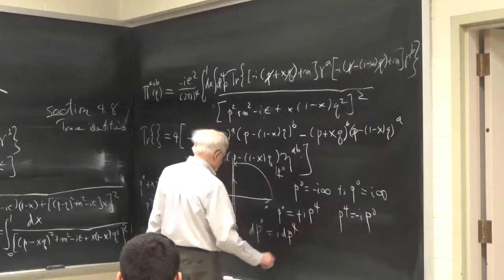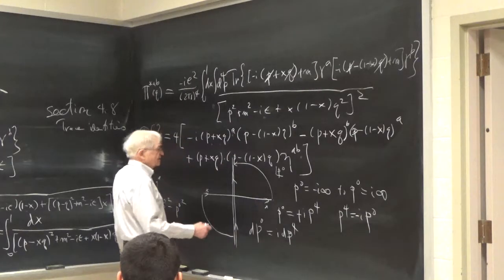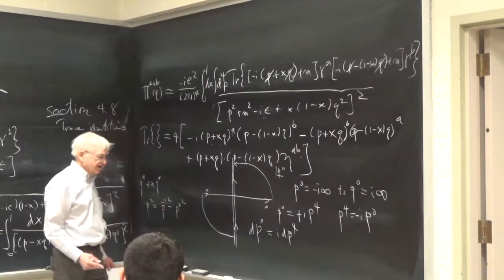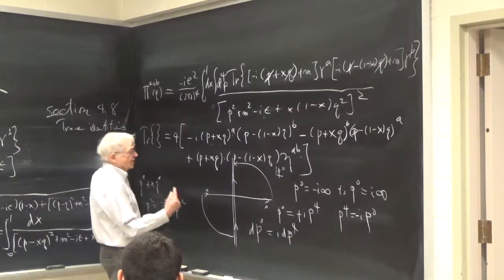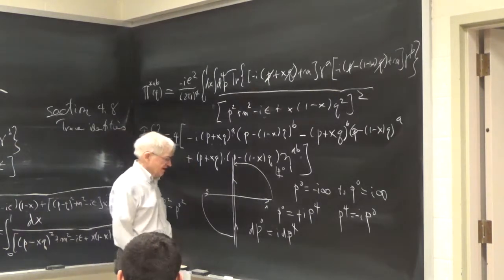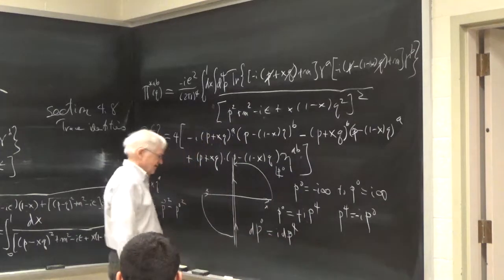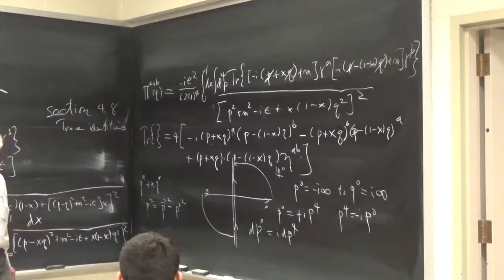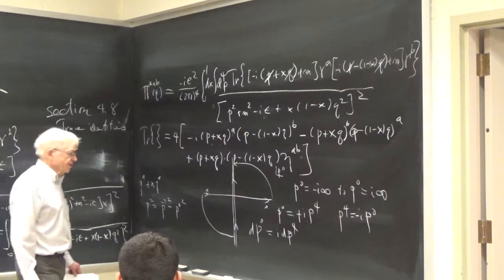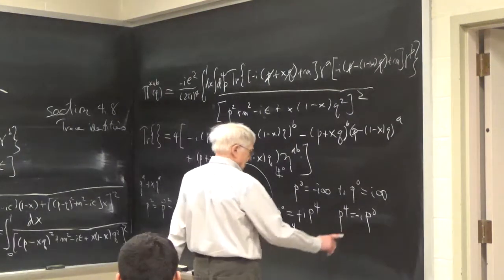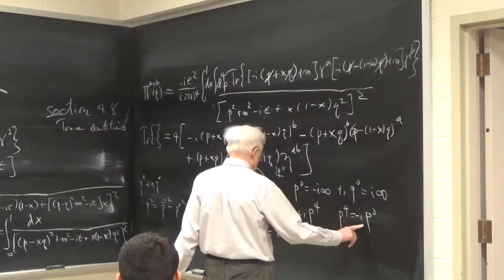Because dP4 is going to be going from minus infinity to plus infinity. So that means P0 goes from minus infinity to plus infinity. So P0 is i P4, I think, is the right way to think about this. I mean, geometrically that makes sense. So that means P4 is minus i P0.